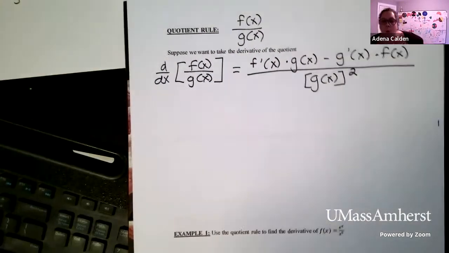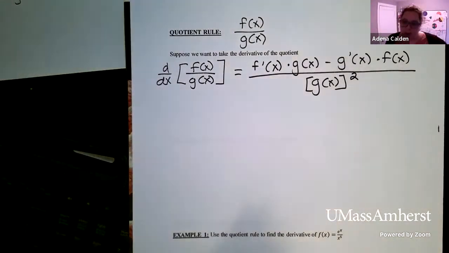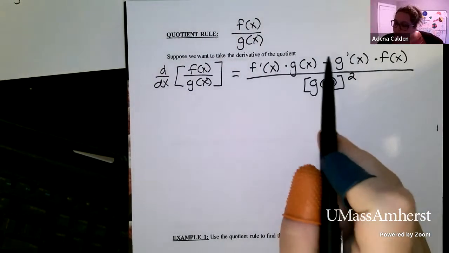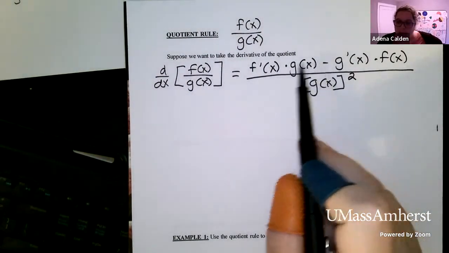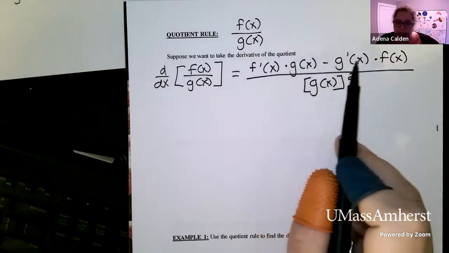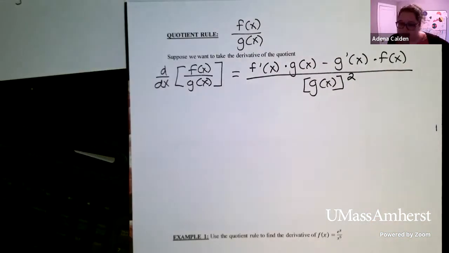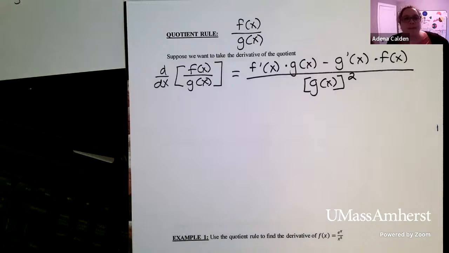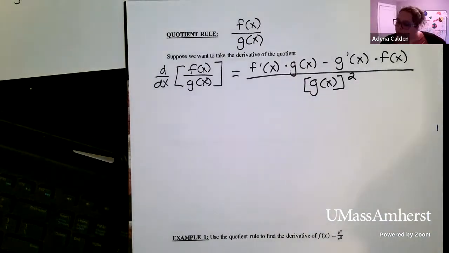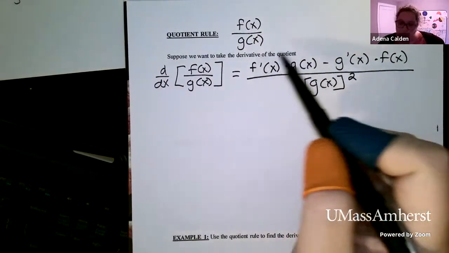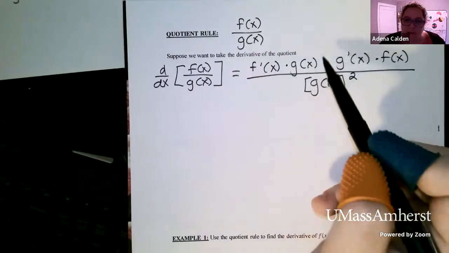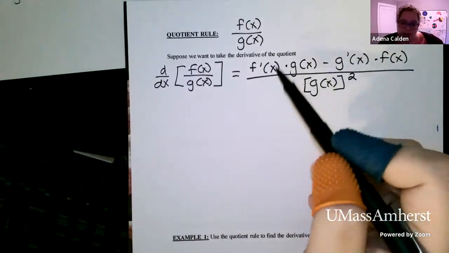Okay, so what can and cannot be swapped, right? So this minus makes it so that these two terms can't be swapped, right? 3 minus 2 is not the same as 2 minus 3. So we have to make sure that the first term has our f prime of x and our g of x in it, okay?